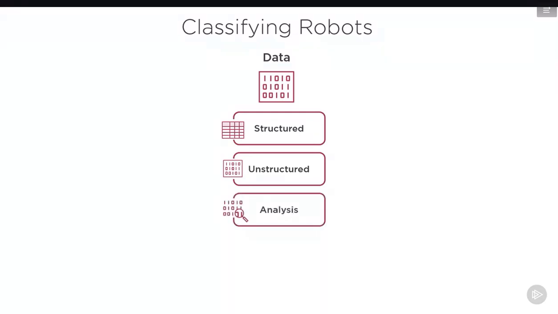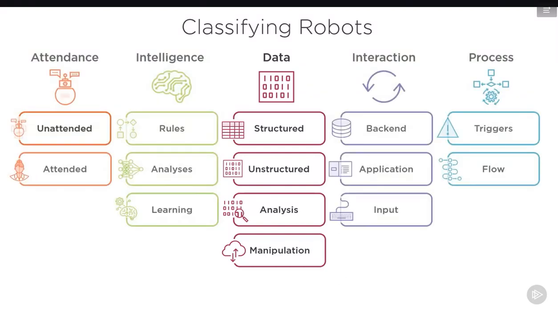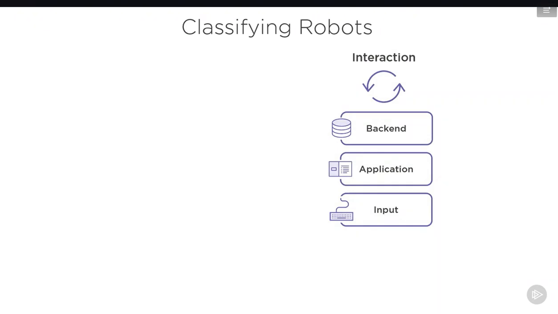It's also important to specify how your robot will analyze data that is sent to it and how it does data manipulation. You need to specify these things up front in order to select the best tooling for your robot, but also know how your robot will interact with this environment. Another important aspect is the interaction of the robot with the rest of the software systems around it. So, you might interact with the backend of applications, so you plug in directly into the API or the database.